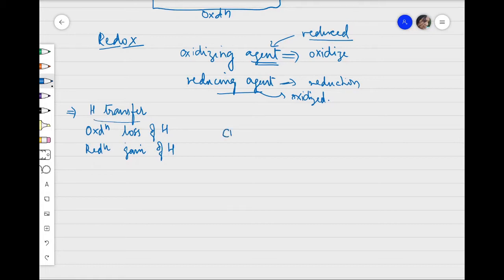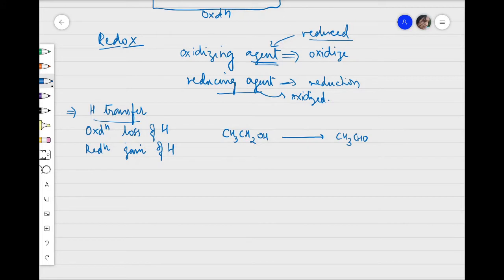Here you can take a very typical case where CH3CH2OH, that is an alcohol. OH ഉണ്ടാകുമ്പോൾ ആൽക്കഹോൾ is converted to an aldehyde.